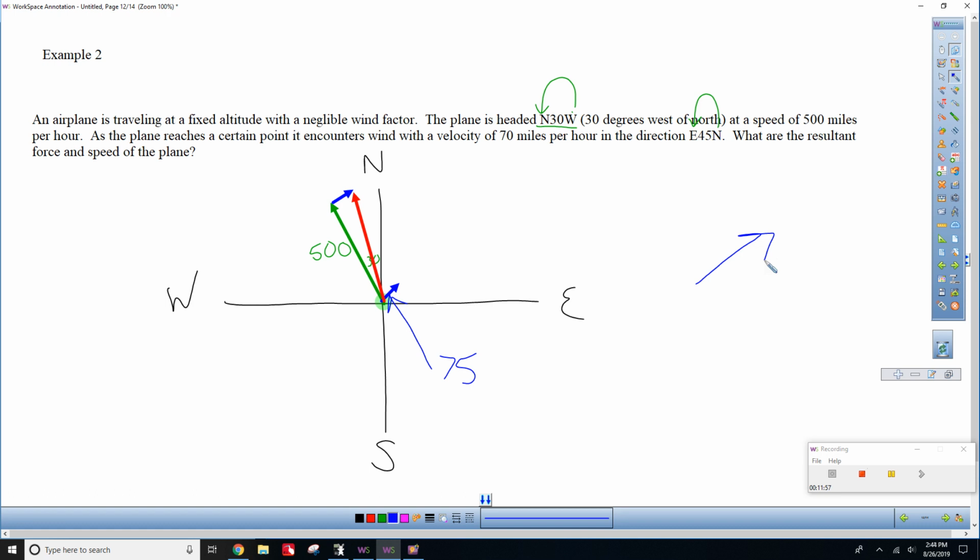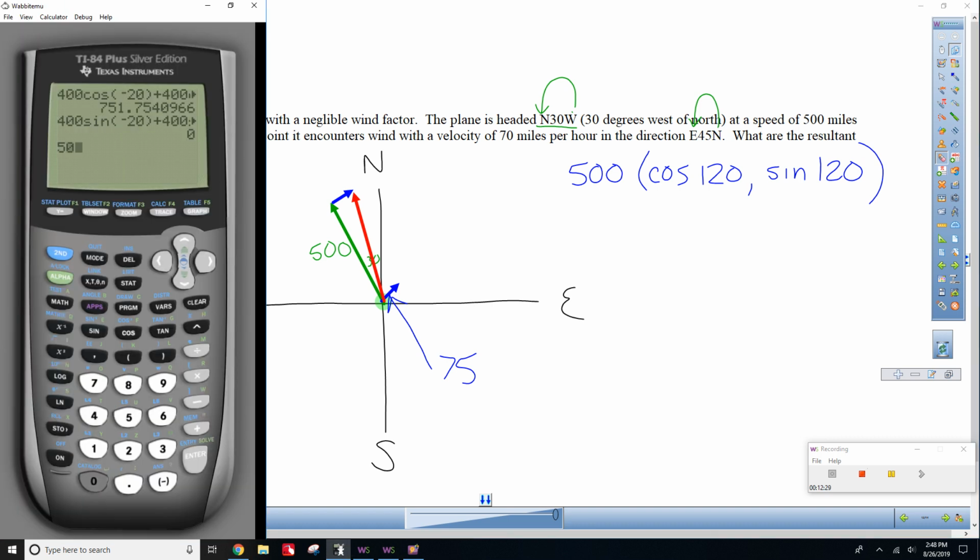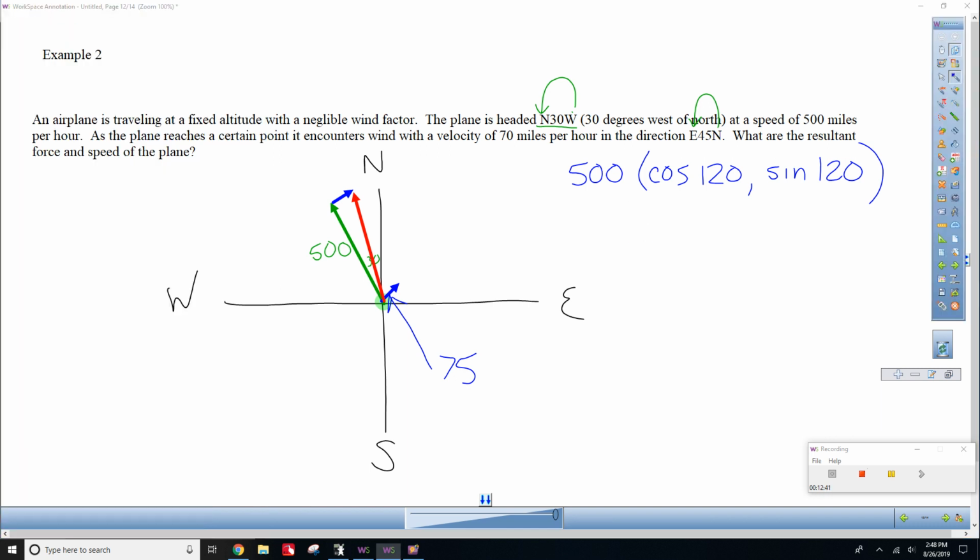So how are we going to do that? Well, 500 times cosine, this is where the reference angles come in, 120, sine of 120. That is going to be our first vector. So let's pop that in our calculator. 500 cosine 120. So that's negative 250, comma.